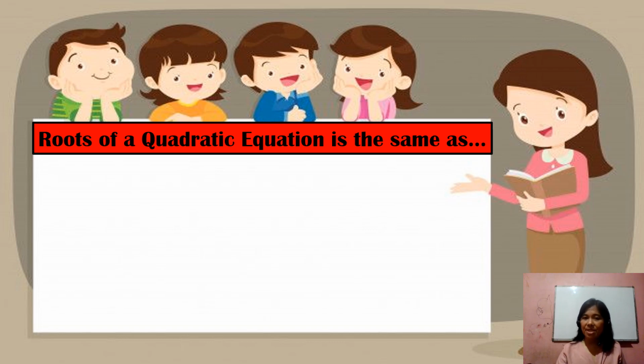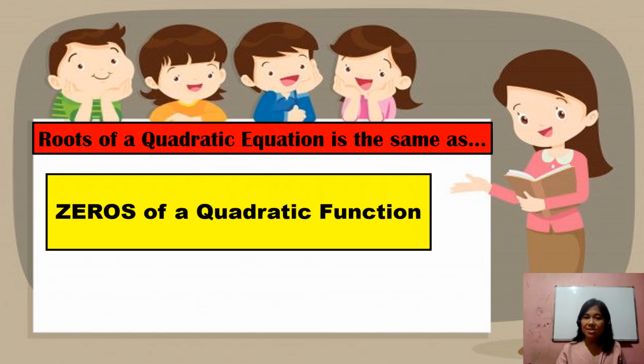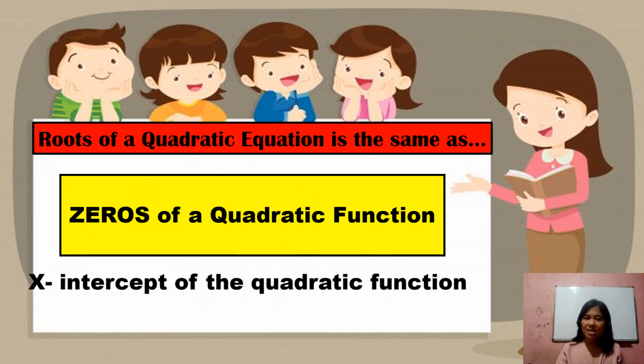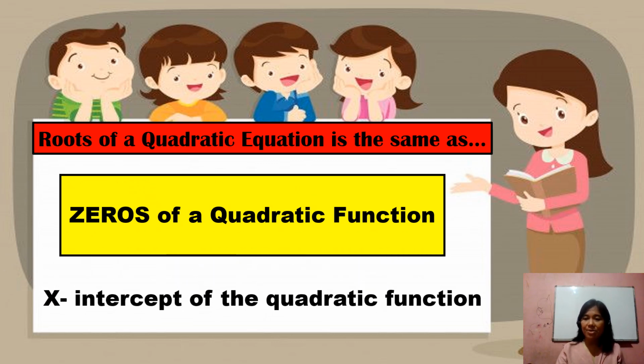Roots of a quadratic equation are the values of x, right? So it's the same as the zeros of a quadratic function. In other words, to find the zeros of a quadratic function, you simply have to go back to factoring, completing the square, the quadratic formula, or even extracting square root. The process is just the same. So zeros and roots are the same, as well as the x-intercepts of the quadratic function.